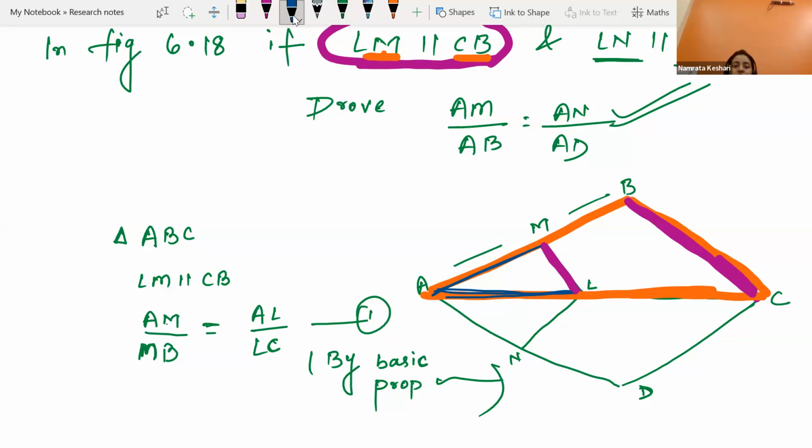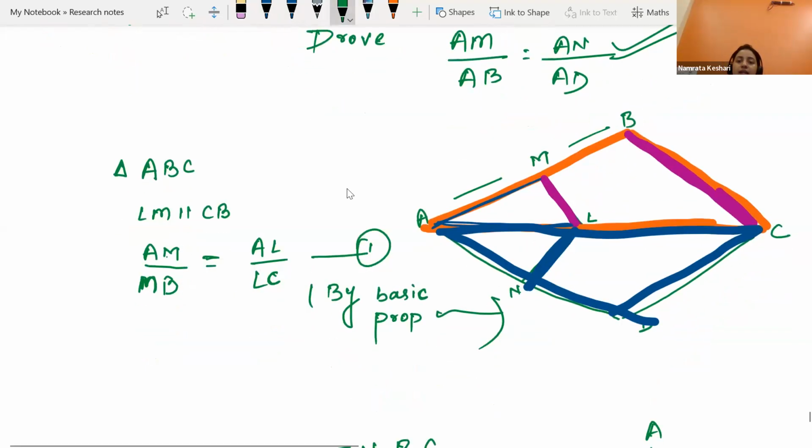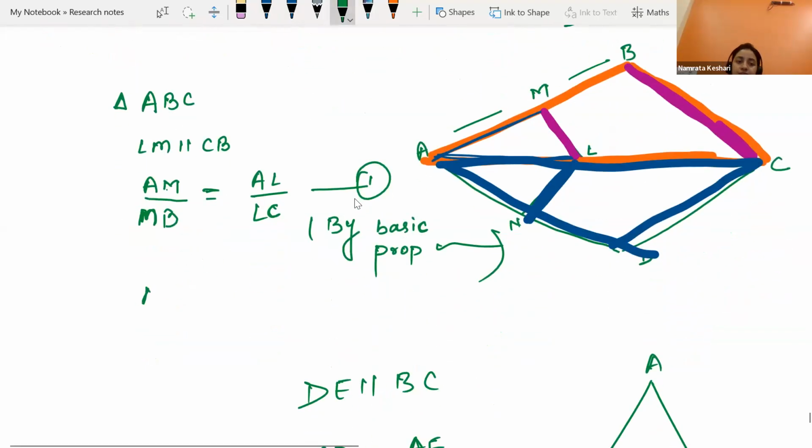Triangle ADC. ओके, नाउ हमारा दूसरा ट्रायंगल ADC है, यहाँ LN is parallel to CD. लेट्स राइट इट. In triangle ADC, LN is parallel to CD, and then we can write the ratio.